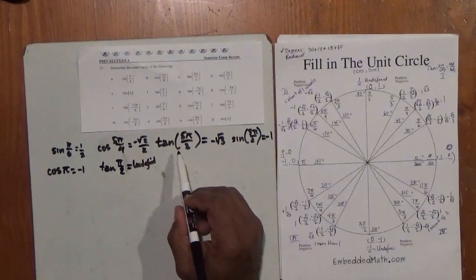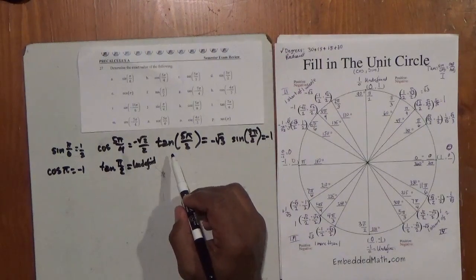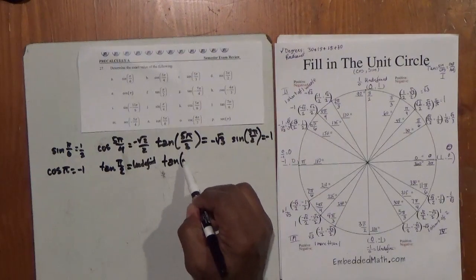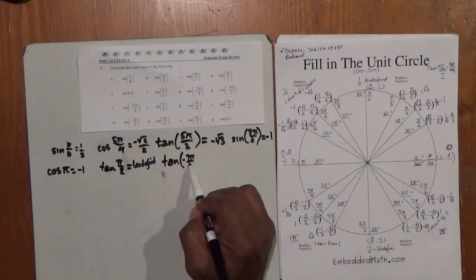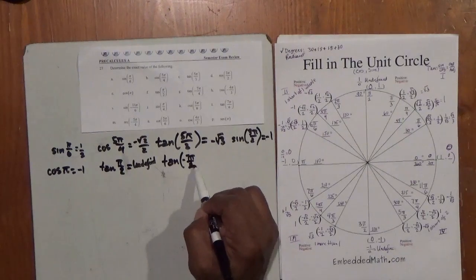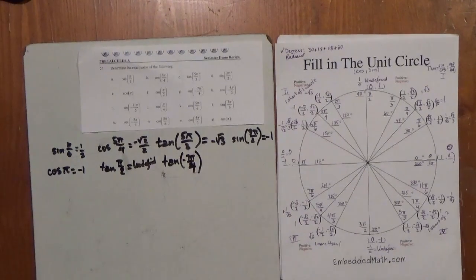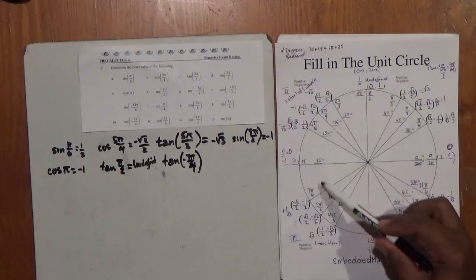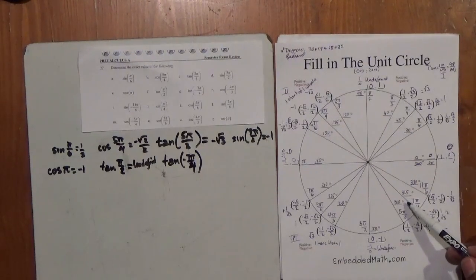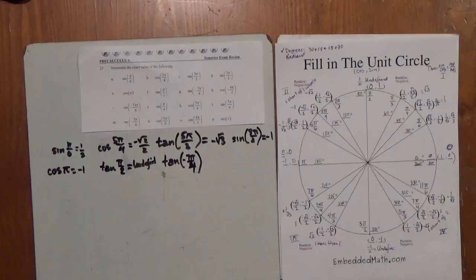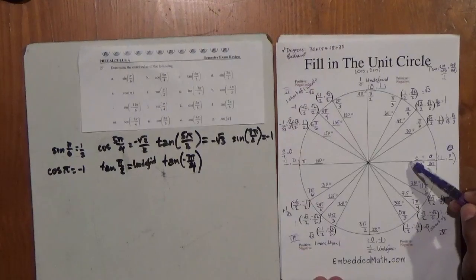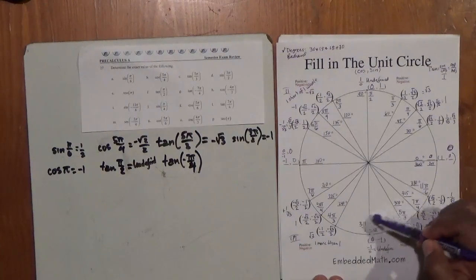All right, keep it going. What am I looking at? All right, tangent of negative 7 pi over 4, excuse me. So instead of going all the way in this direction, 315 degrees, we go in the negative direction, which is clockwise, 315 degrees.